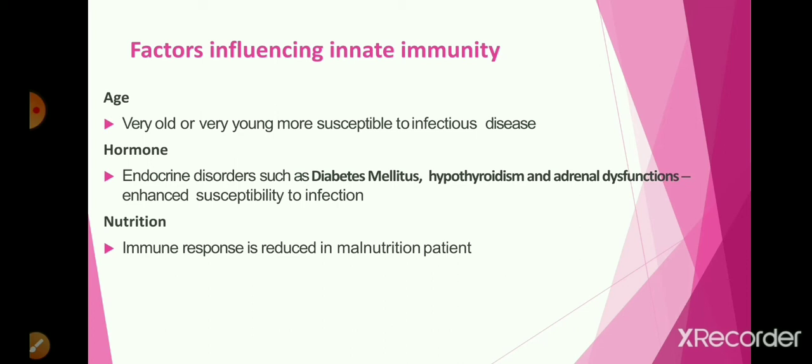Measles, mumps, poliomyelitis, and chickenpox are a few examples of diseases that cause more severe clinical illness in adults than in young children.